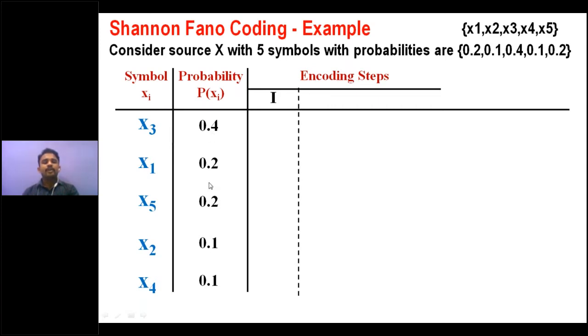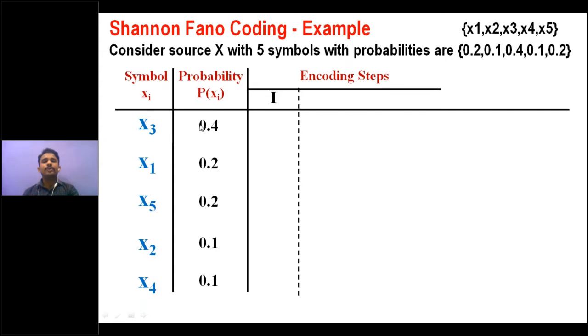Now among all this probability, we have to make exactly 2 divisions, just like 50% of the probability on one side and another 50% on the other side. Suppose I take the first symbol 0.4. So 40% of the probability is for the first symbol, and the remaining 60% is on the second side.